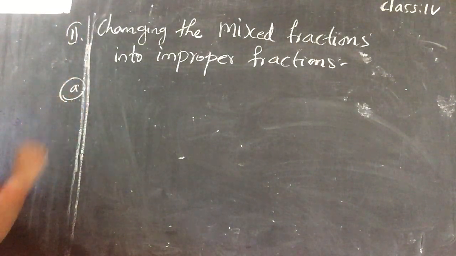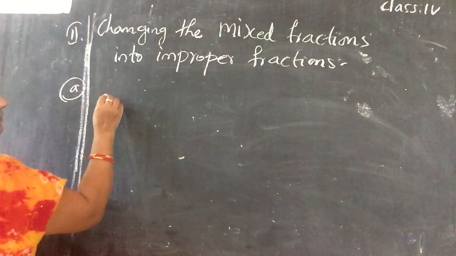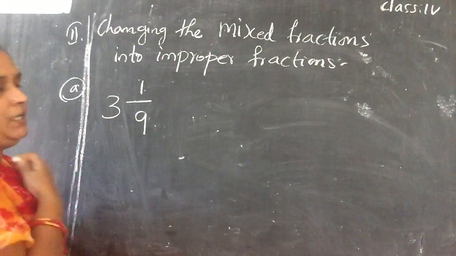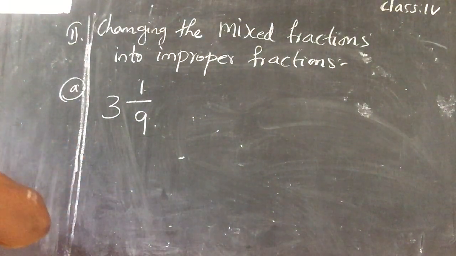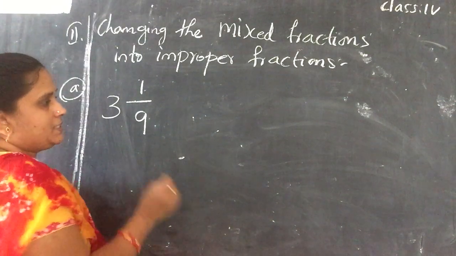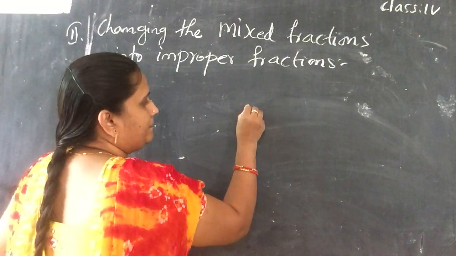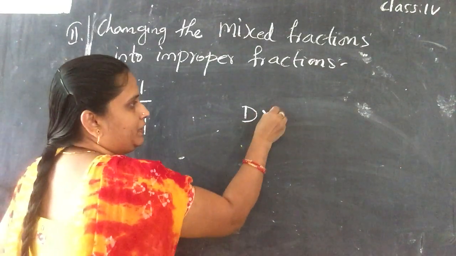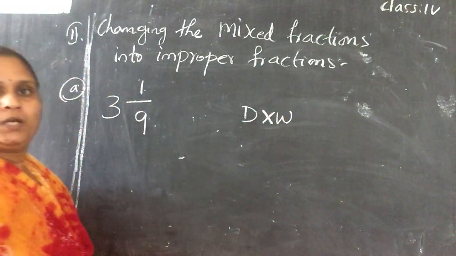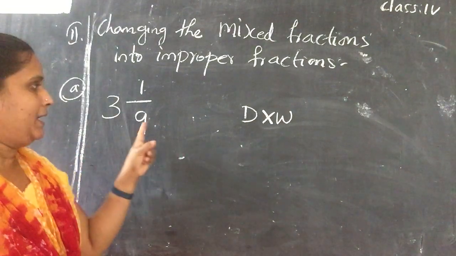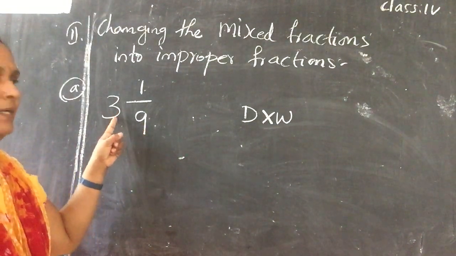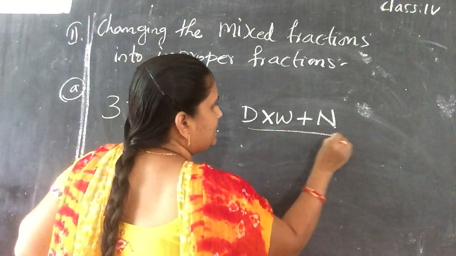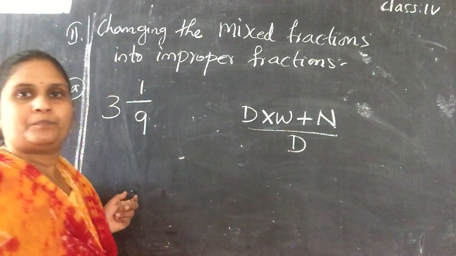Now the first one, 3 1 by 9. Here one formula you have to remember, children. Multiply the denominator, D means denominator, with whole number. Okay, W means whole number. Multiply denominator with the whole number, then add numerator, and as it is the denominator will be same.